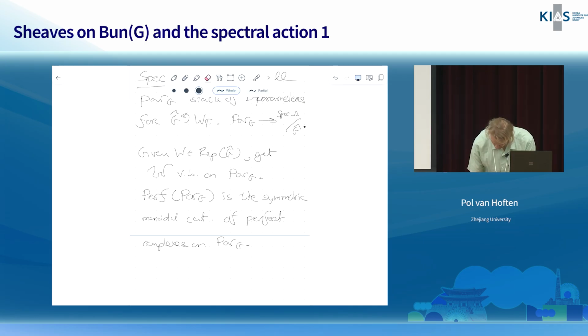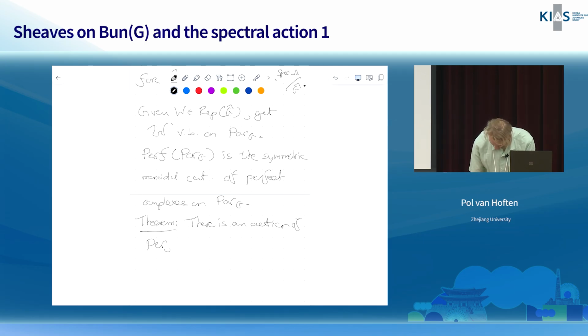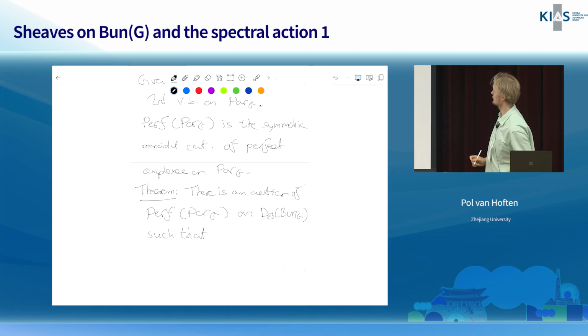Okay, so the theorem that I want to state is that there is an action of Perf Par G on D_et Bun G, such that, okay, first of all, what does it mean for a category to act on a category?